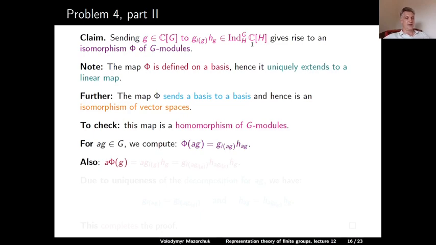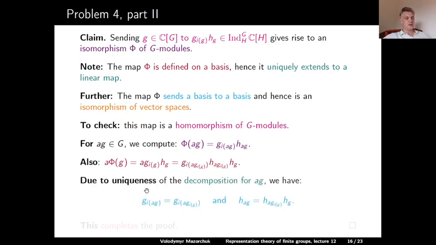Also, if we apply a to phi of g, this is equal to a times g with the index i(g) times h_g. And now we rewrite this as g with the index i(a g_i(g)) times h_(a g_i(g)) times h_g.